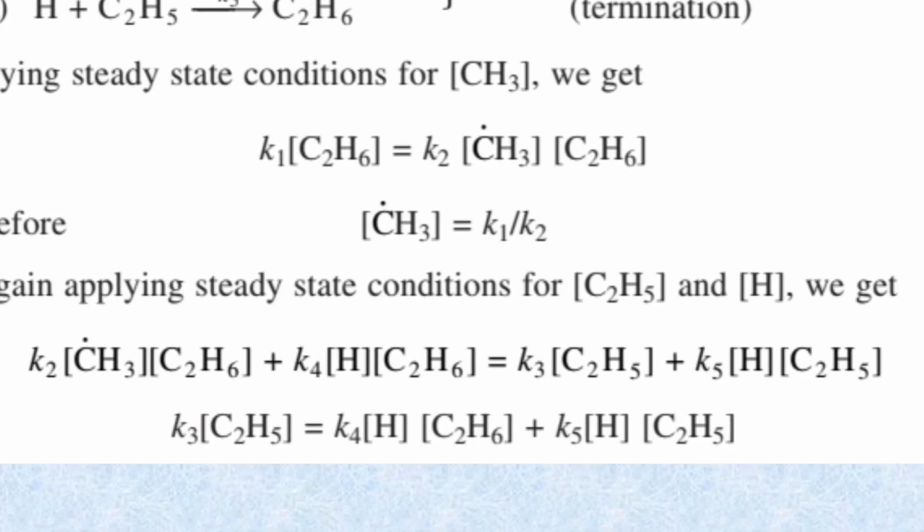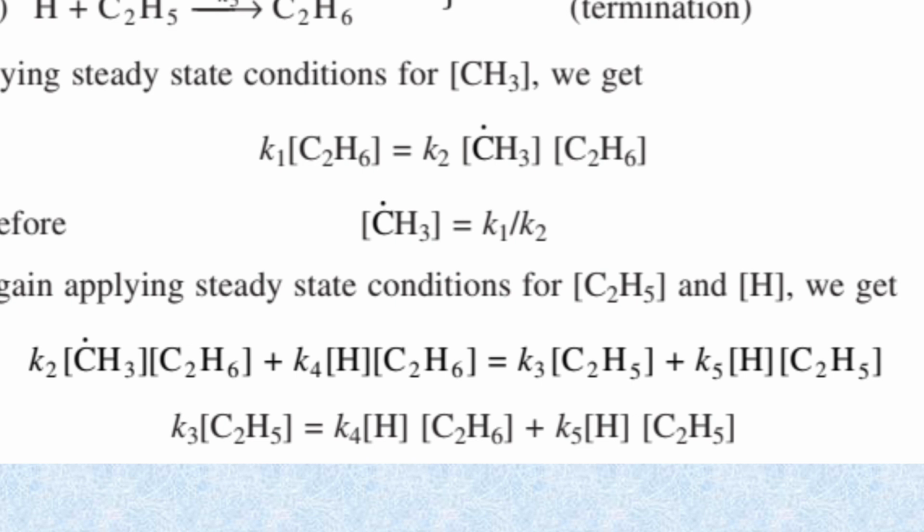And now we will apply the steady state condition for C2H5 radical and H radical, and on rearranging those steady state condition equations we will get k2[CH3][C2H6] + k4[H][C2H6] = k3[C2H5] + k5[H][C2H5].